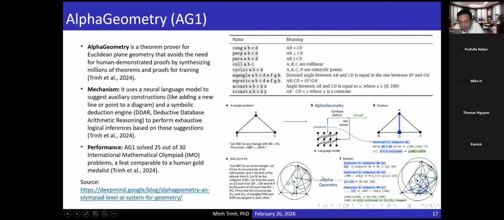So you have a lot of new points and intermediary steps that you use to solve your theorem. Here, instead of using Lean, they use something called DDAR, Deductive Database Arithmetic Reasoning. It's done internally, but they have reused properties of a language called Datalog.